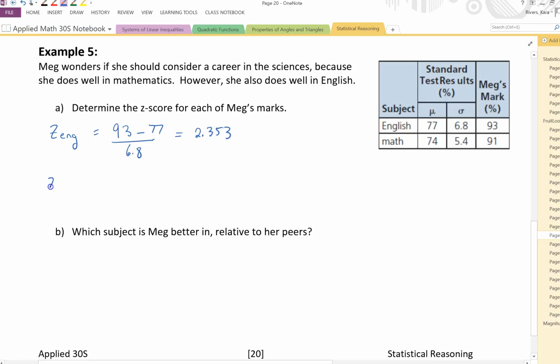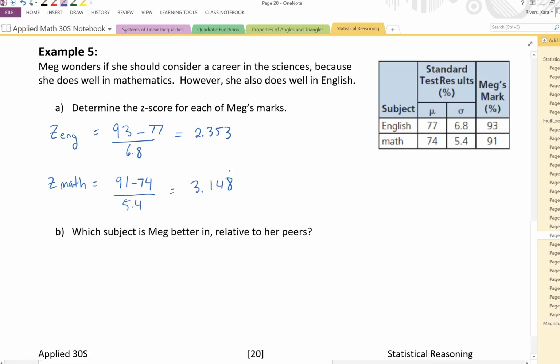If we do this again for math, we can see, okay, 91 minus 74. So 91 is close to 93, what she got in English. The means are close, 77 and 74, and the standard deviation is 5.4. Well, when we look at that, we get 3.148.